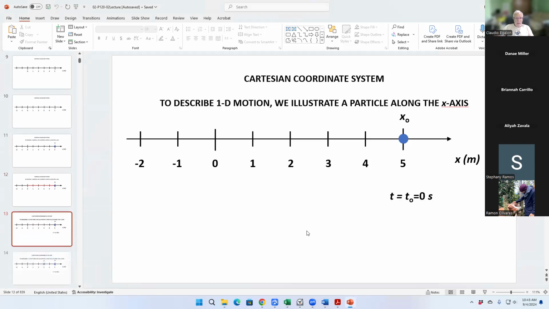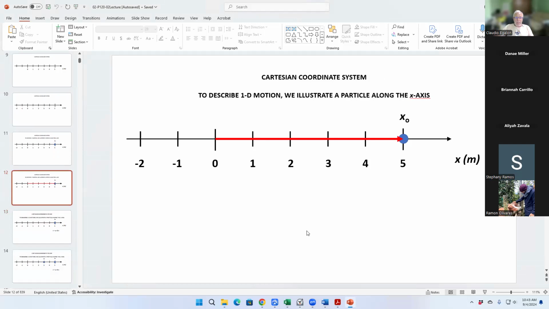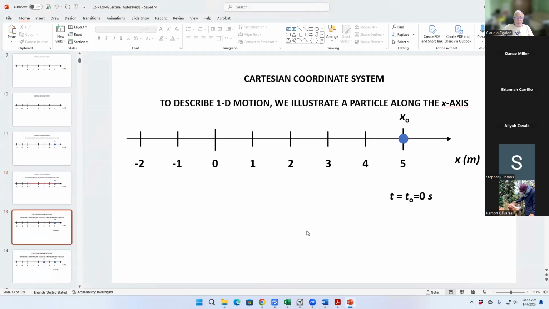Okay, so let's say that this object, this red dot, is moving from one place to another. At time t equal to 0, it is at position 5 meters. And at time t equal to tf, it has this final position, and let's say the final instant of time is 4 seconds, right?